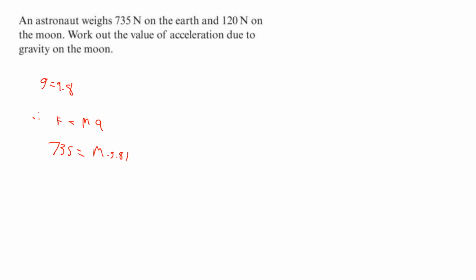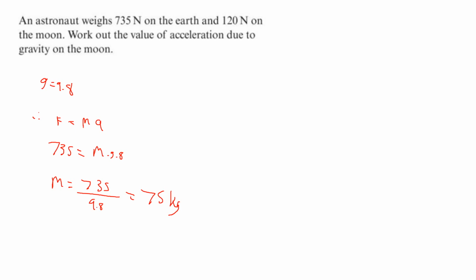Actually, for the sake of purposes, we're going to use 9.8. Okay? And so therefore M is equal to 735 over 9.8, meaning that his mass is equal to 75 kilograms. Okay?